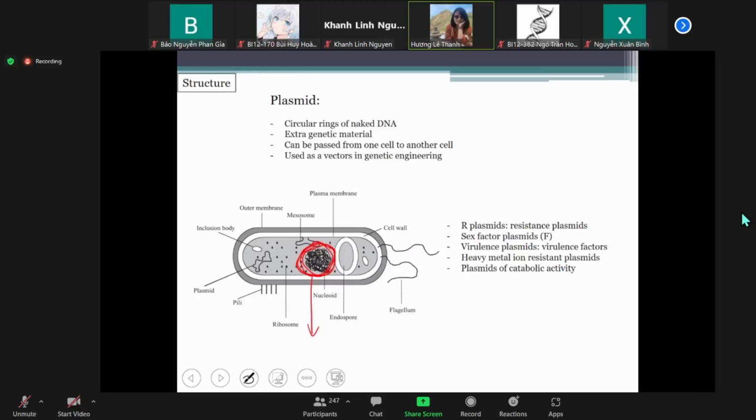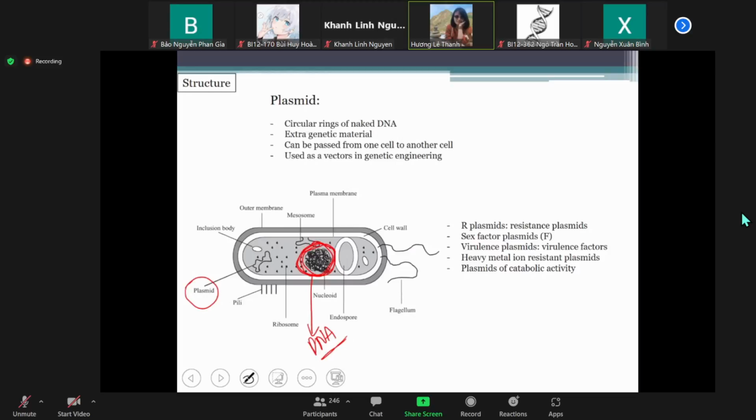But beside the main part, prokaryotes have extra genetic material we call plasmids. They are still circular, but much smaller compared to the main genetic material. And they can be transferred from one bacterium to another.